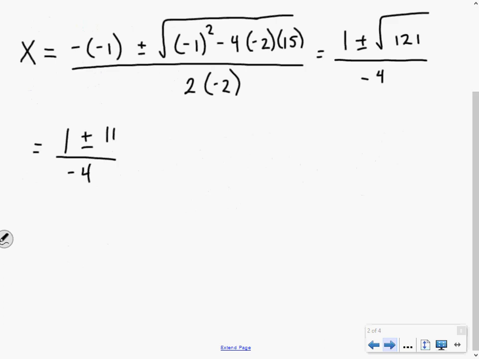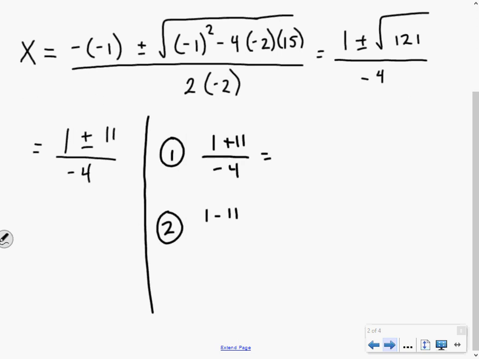The plus or minus means that there's really two calculations to make here. Okay, the first calculation is 1 plus 11 divided by -4. The second calculation is 1 minus 11 divided by -4. So for the top one, we get 12 over -4, which is -3.